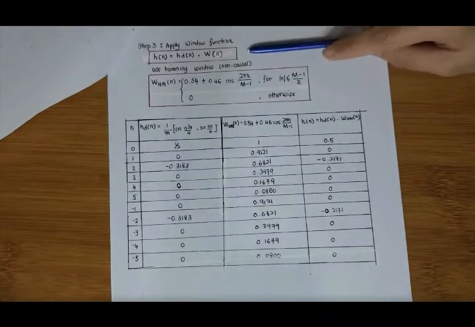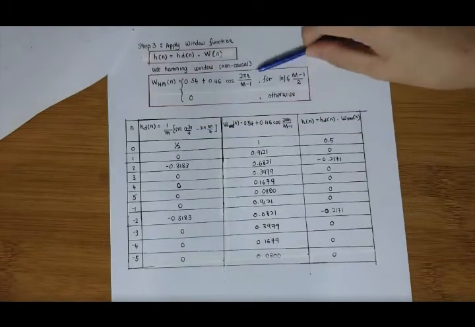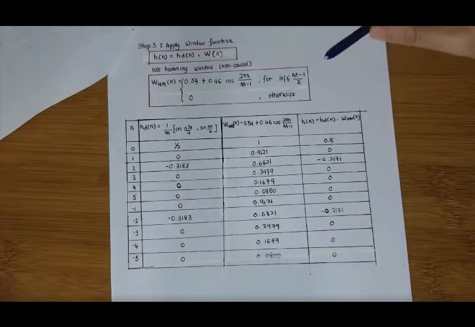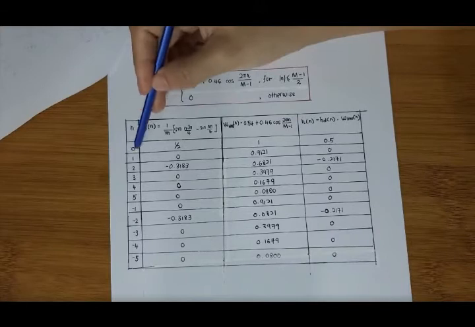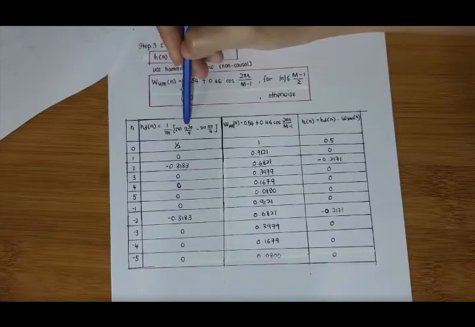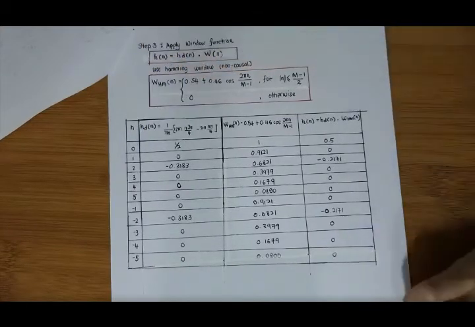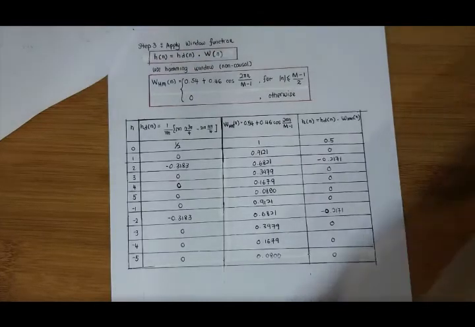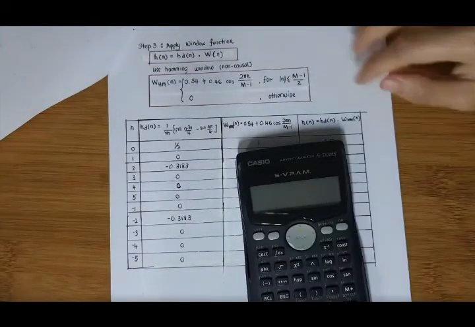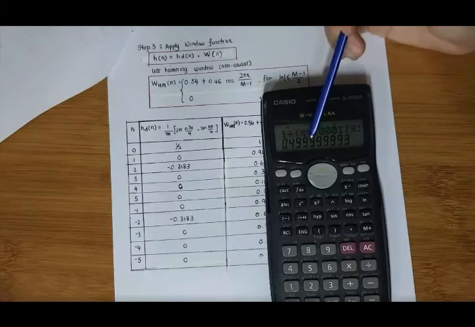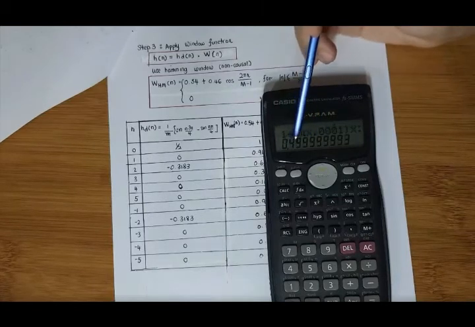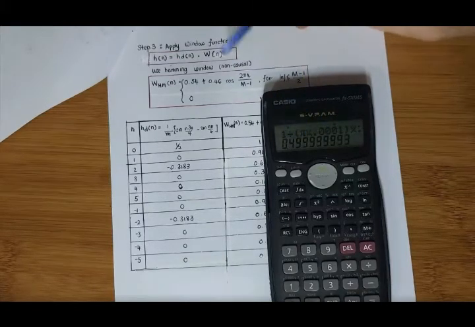To calculate this thing, we have to let n be 0 and we have to use limits, so we put in 0.01. We have the calculator here. It's 0.4995, 0.4999, so it's 0.5.